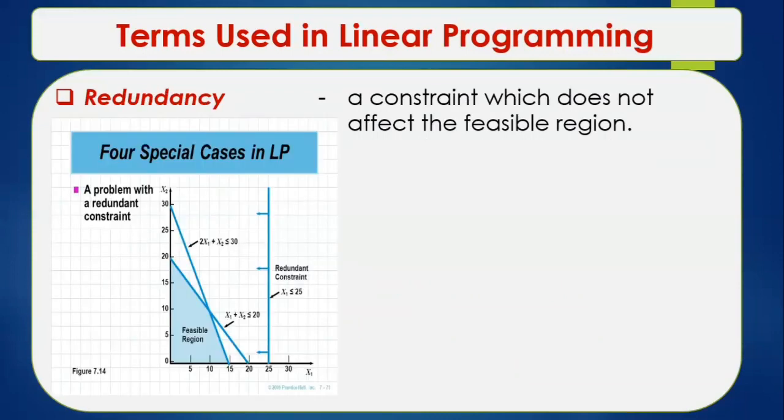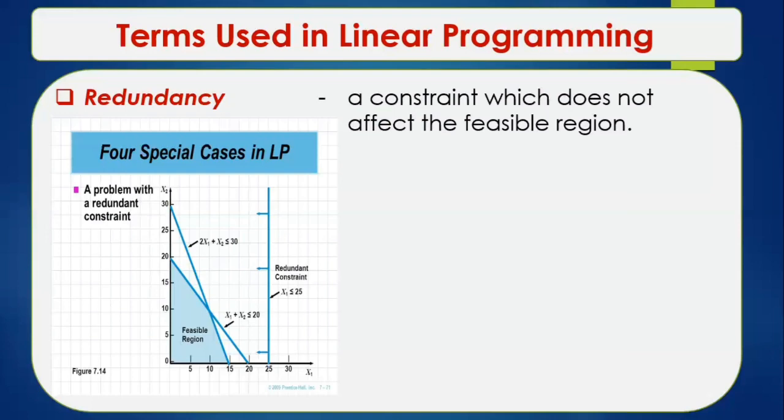We also have what we call redundancy. Redundancy is a constraint which does not affect the feasible region. As you can see on the presented figure, you have the redundant constraint, okay? That is presented in some sort of a vertical line. And as you can notice, it does not affect our feasible region.